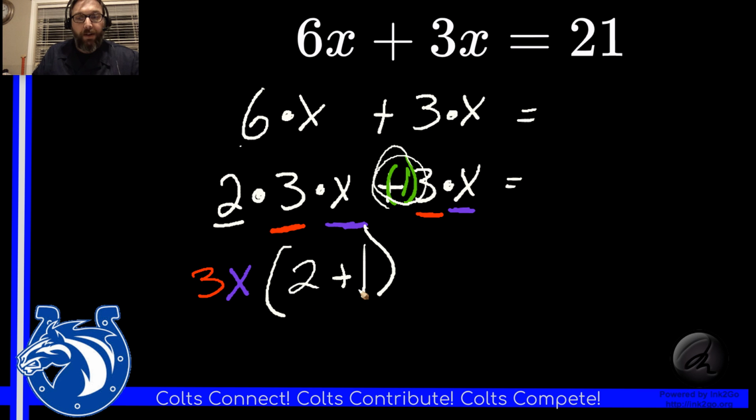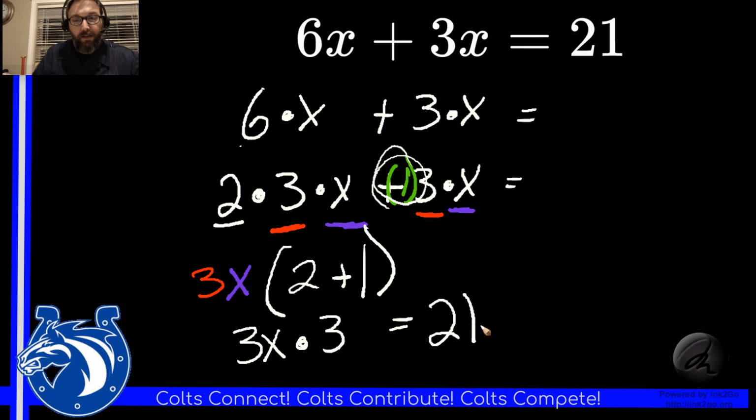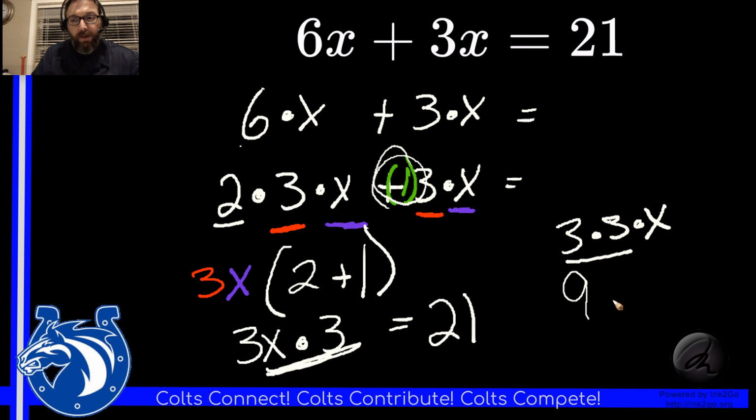So now I'm going to go on ahead and I can do my parentheses, and I'll wind up with 3x times 3 equals 21. Well, with the commutative property, and I'm out of space, with the commutative property, can't I rewrite that to be 3 times x? And if that's the case, I can go on ahead and do 3 times 3, which gives me 9x.